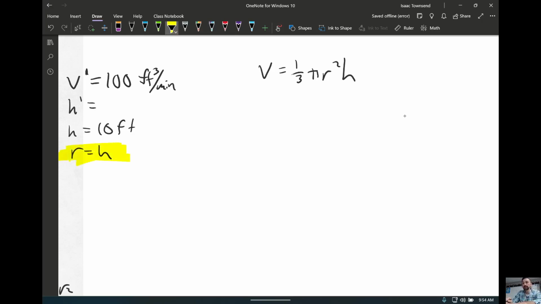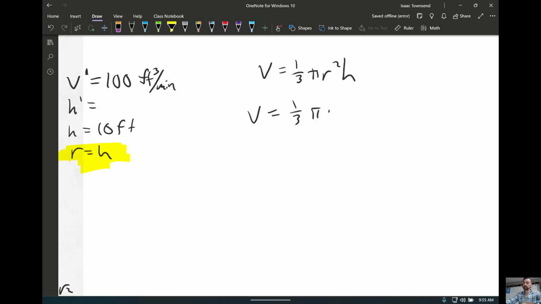Because of this, since r is equal to h, I could either change this h to an r, or I could change these r squares into h squares, whichever one that I prefer. Now, if I change them to r's, when I take the derivative of this, I'm going to have r's and r primes, which is the problem I had with my last derivative.